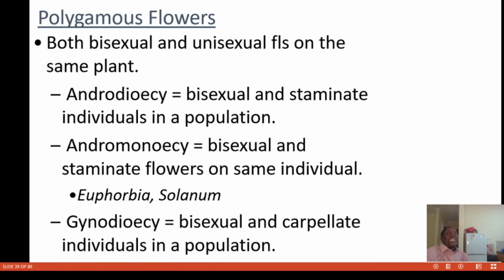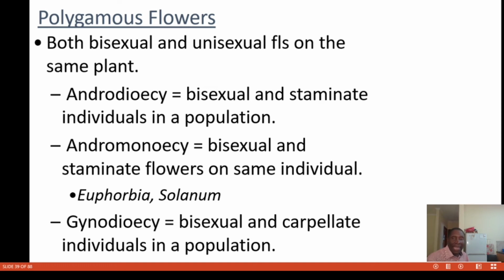Then we have polygamous flowers. Getting complicated? Yes. Here is where you have both bisexual and unisexual flowers on the same plant. We saw that. For example, what we saw before, the androdaceae, bisexual and staminate individuals in our population, then andromonaceae, bisexual and staminate flowers on the same individual, and this occurs in the phobia in Solanum species.